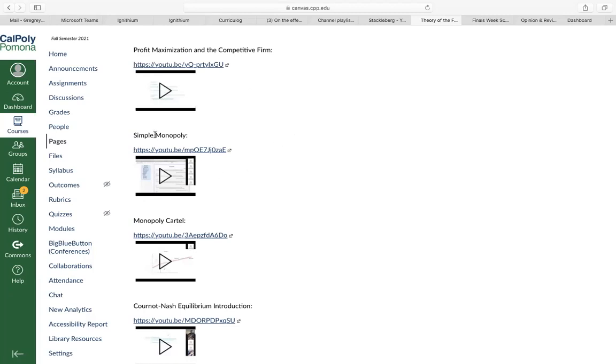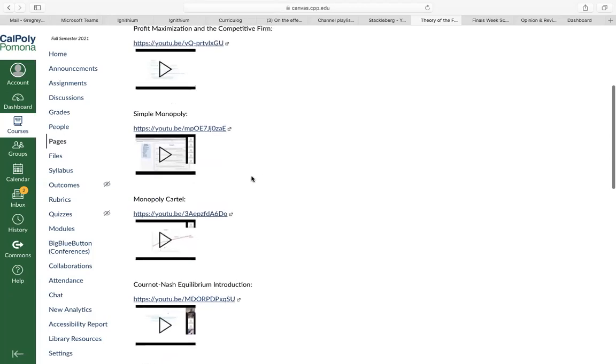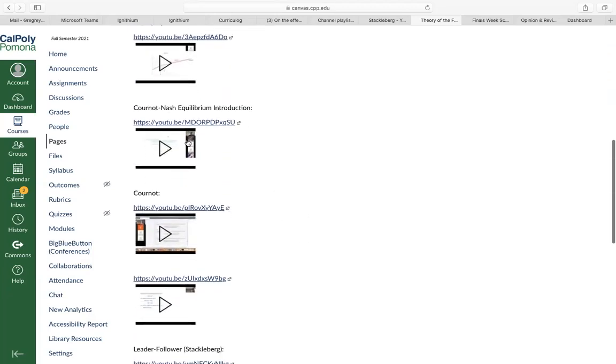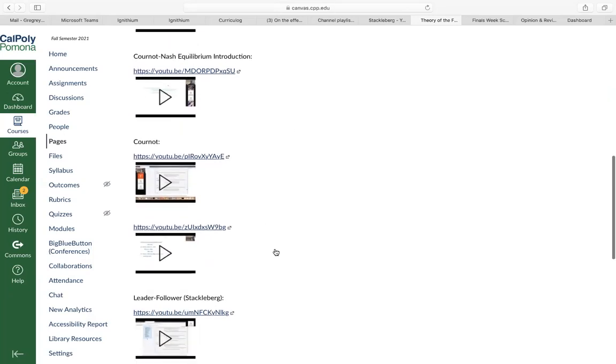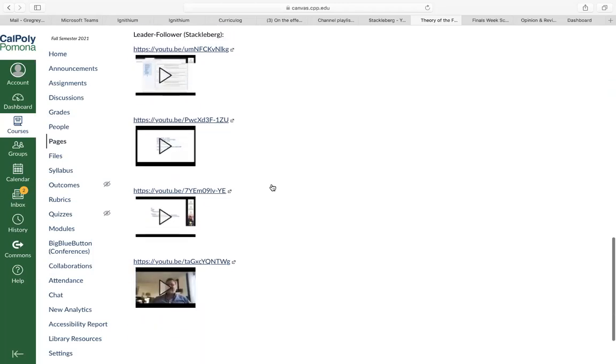So that's why we kind of skip. You'll notice there's a homework assignment on competition, and if you try to click on it, it doesn't show you anything. And we skip straight to the Monopoly homework. And then we want to focus on Monopoly, cartel, and then these things that I talked about earlier, which are the concept of the Cournot-Nash equilibrium, the Cournot duopoly model, and then we finish up with the leader follower model.